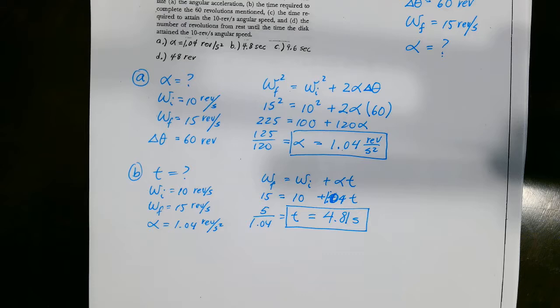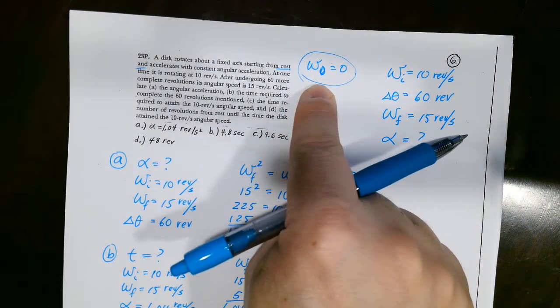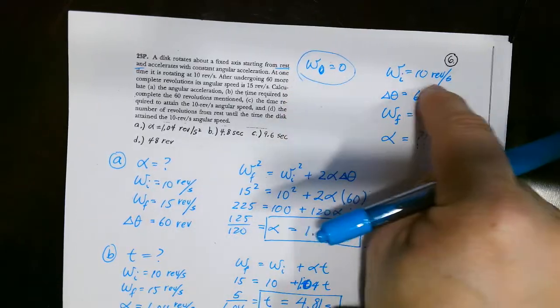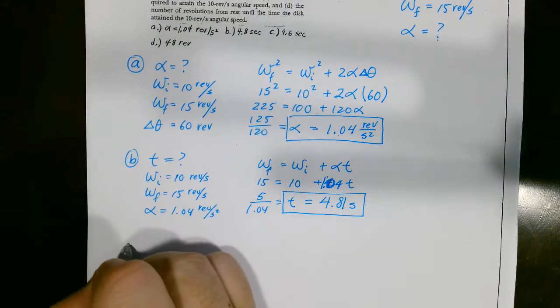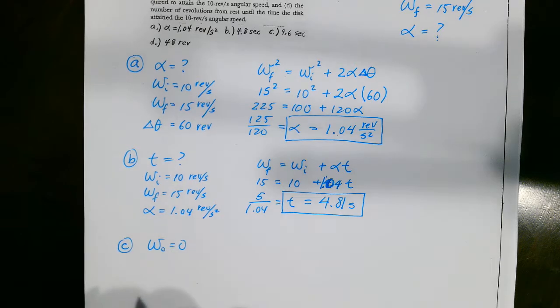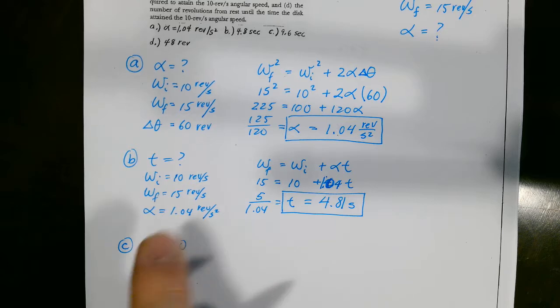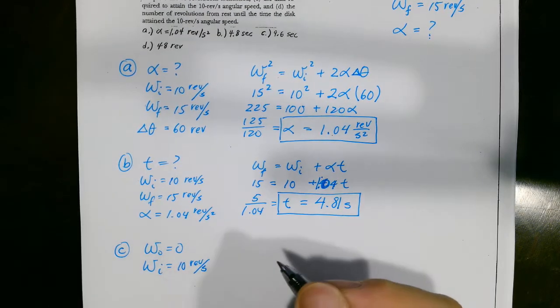All right. Now for part C. The time required to attain 10 revolutions per second. Now we're looking at this part for part C. Now we're starting at 0 and then reaching 10 revolutions per second. So now we have two different initials and finals. So for part C, we have omega naught is equal to 0, and omega initial, which is like the final for the beginning, is 10 revolutions per second.